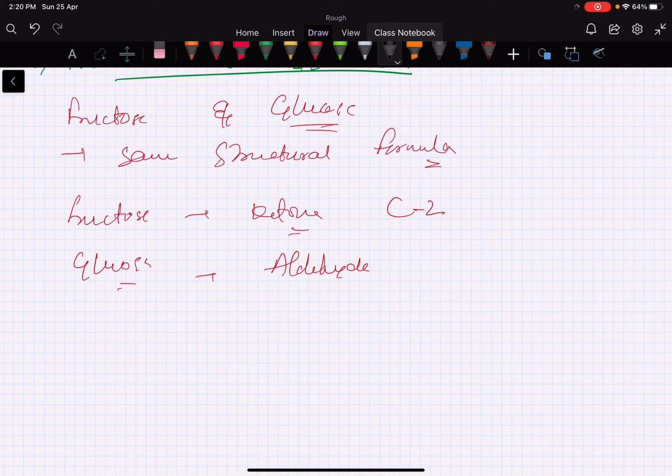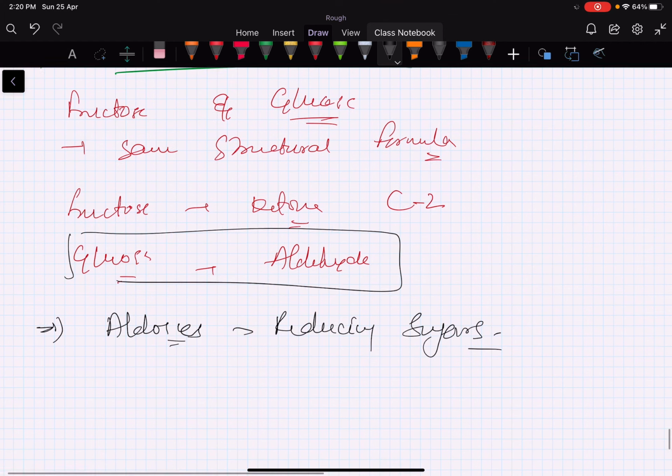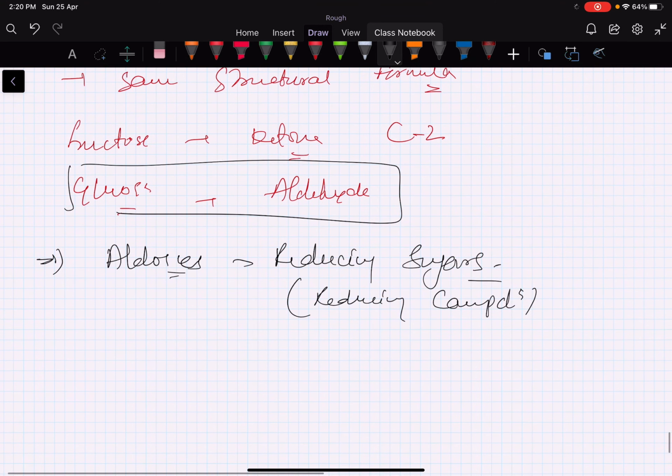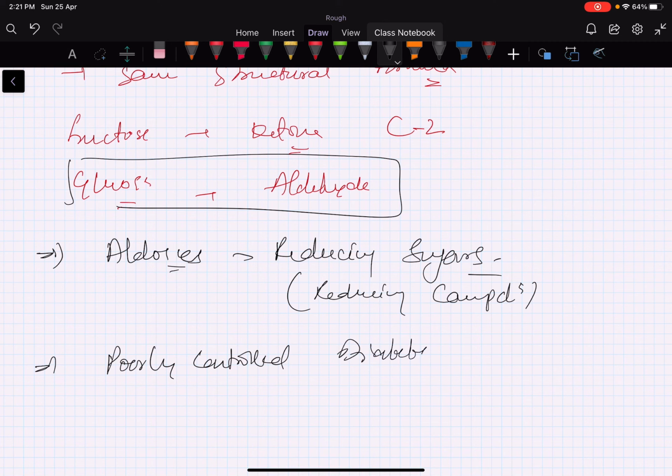Now we exploit a special property of aldehydes here in a test. Chemically, aldoses are reducing sugars, or reducing compounds. So this provides a basis for the chemical reaction test for glucose in urine in poorly controlled diabetes mellitus. What will happen if a person has poorly controlled diabetes mellitus?